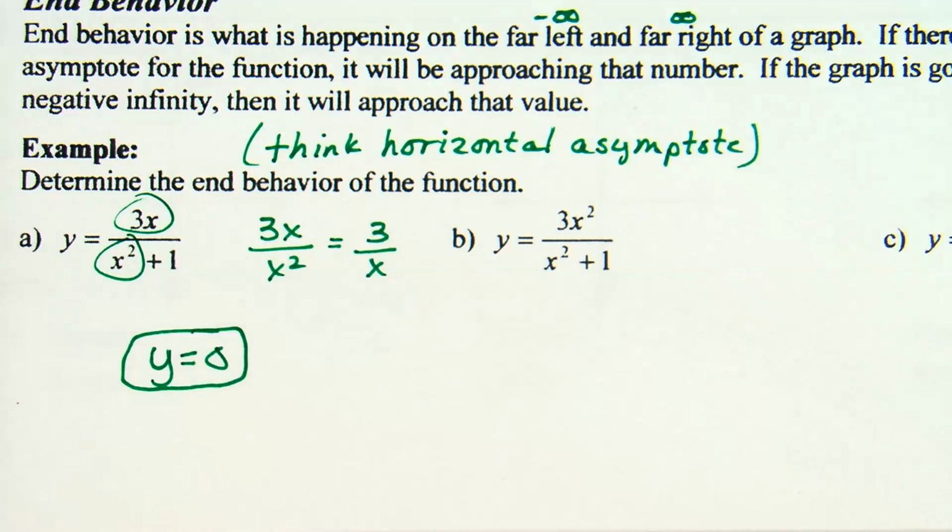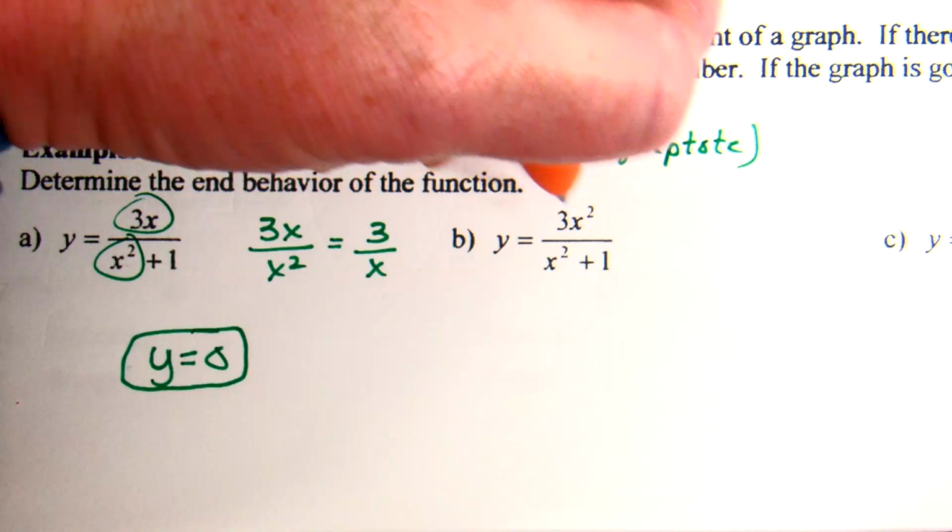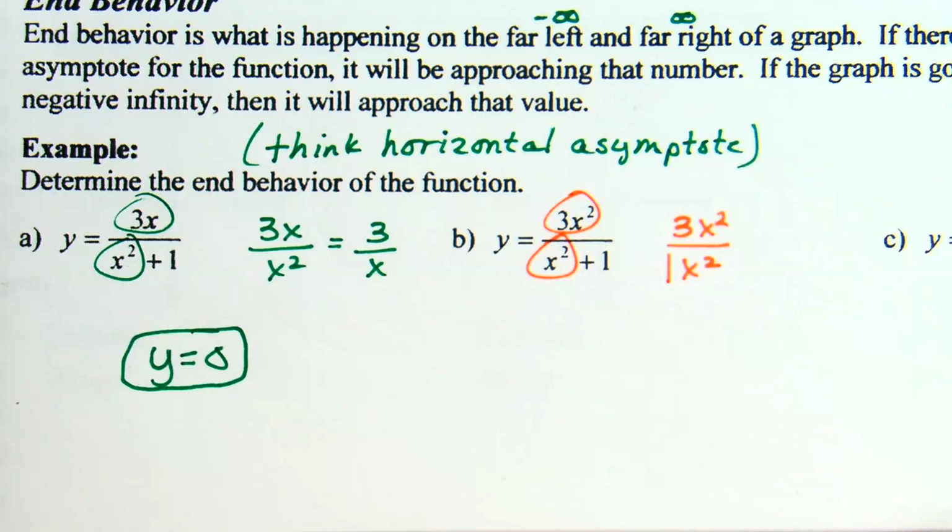It's 3x squared and 1x squared. You look at those biggest powers, and we're looking at the coefficients because basically the x squared's cancel. 3 over 1, which is 3. So we have a horizontal asymptote of y equals 3.